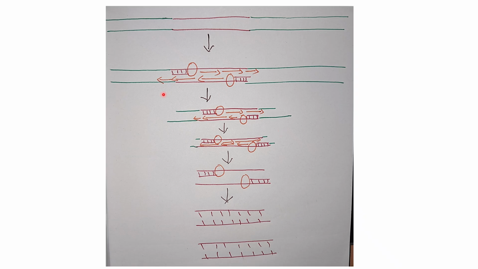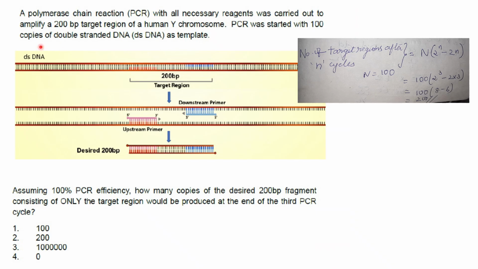Our question is regarding the formula that you are going to use to calculate the target DNA sequence. So this is the question. A polymerase chain reaction with all necessary reagents was carried out to amplify this 200 base pair target region. This is your double-stranded DNA of the human Y chromosome. It is comparatively very long, and your target region is only 200 base pair.